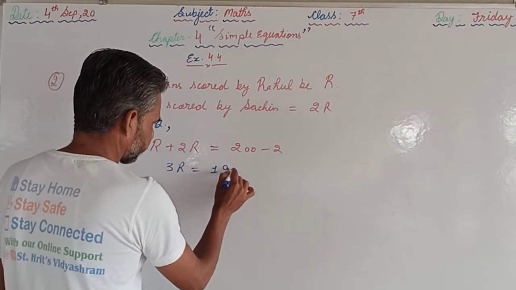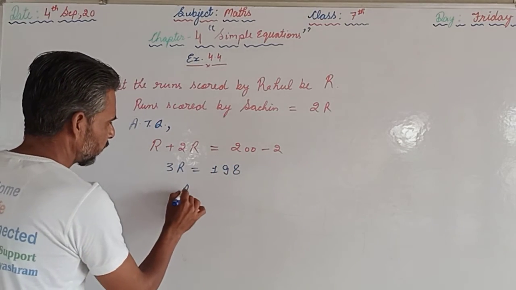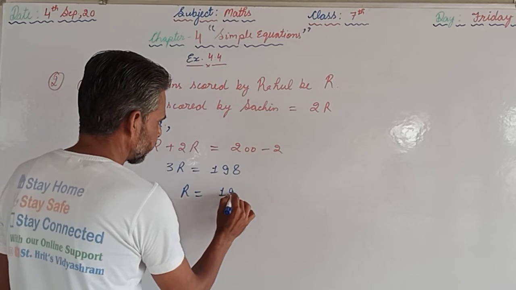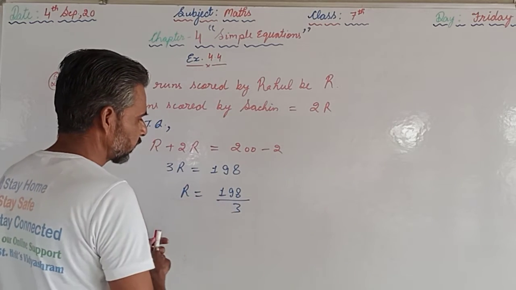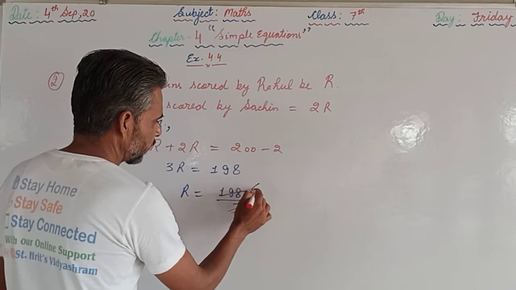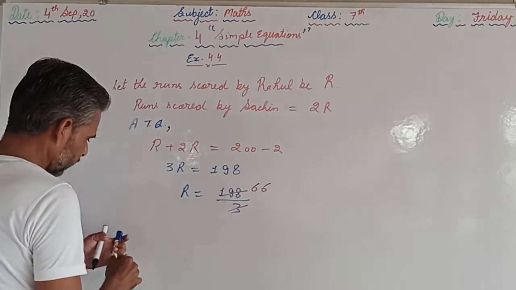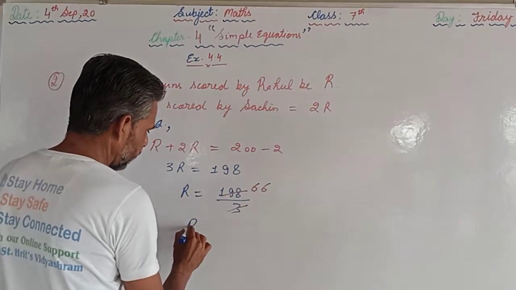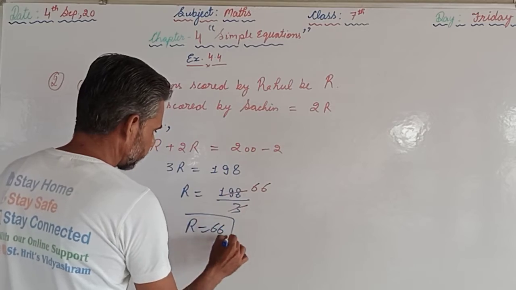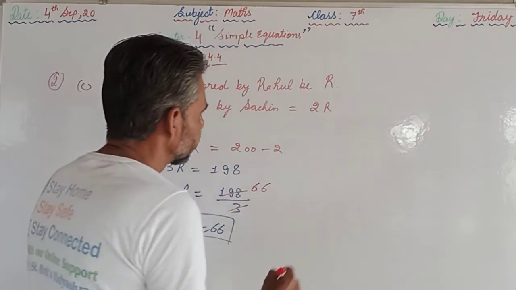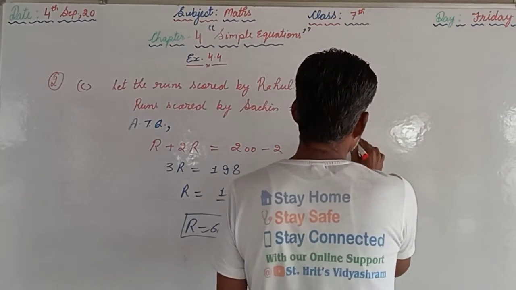We have to calculate R, which is 198 divided by 3. Now 3 will go this side, 3 6 is 18 and 3 6 is 18. So the value of R is equal to 66.